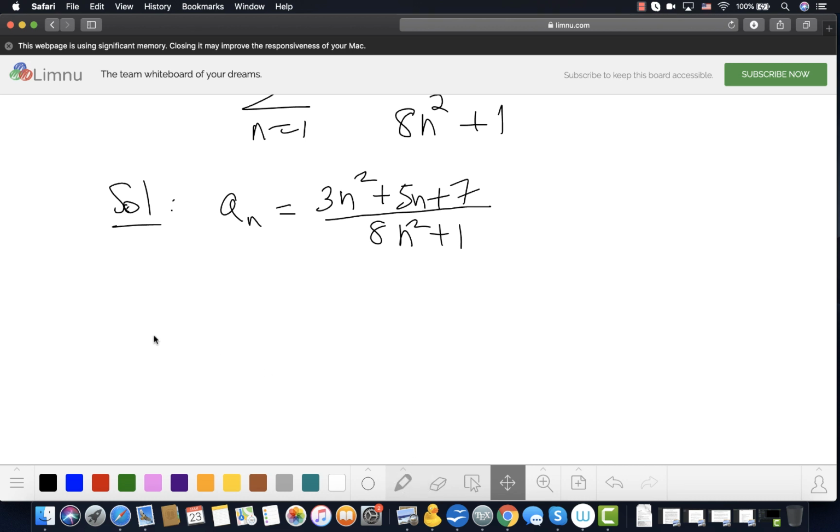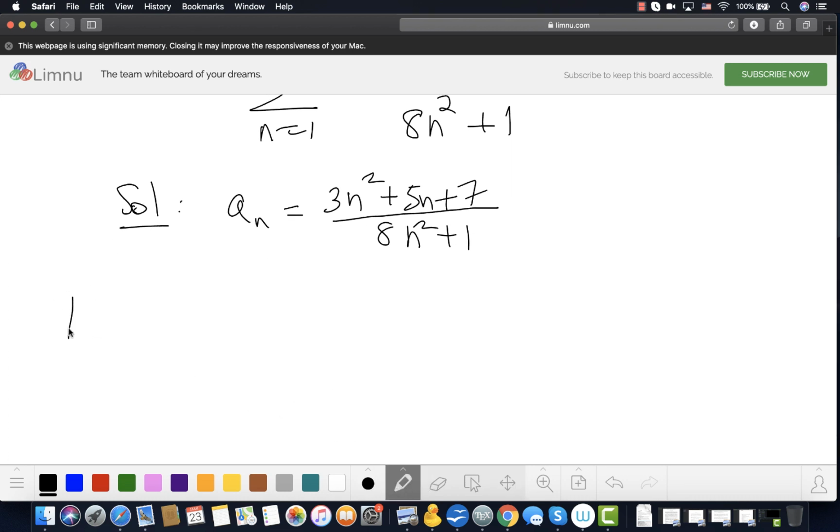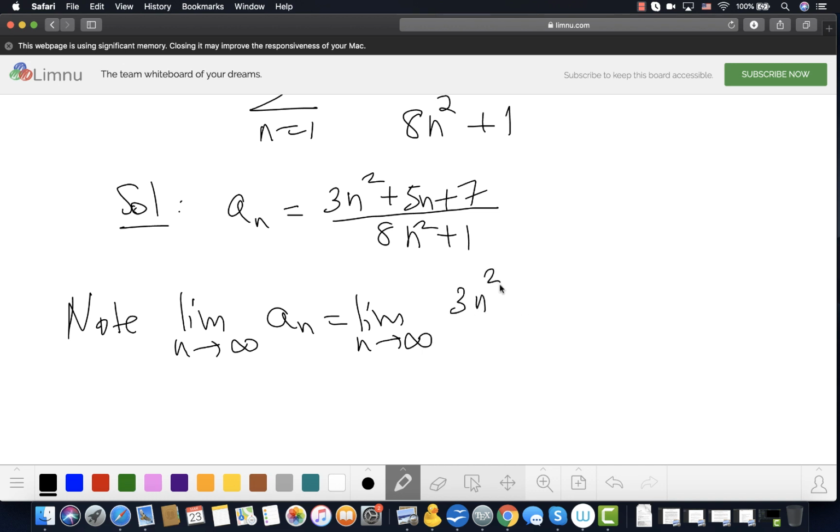Now note that the limit as n goes to infinity of a_n is just the limit as n goes to infinity of (3n squared plus 5n plus 7) divided by (8n squared plus 1).